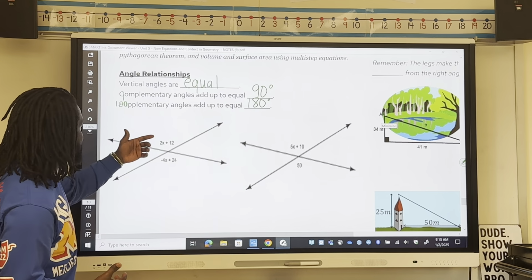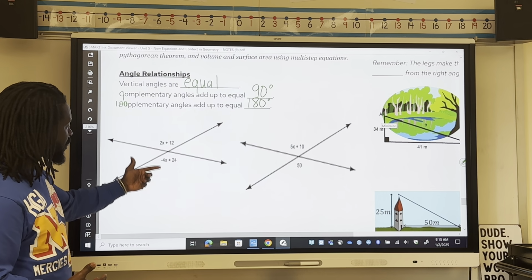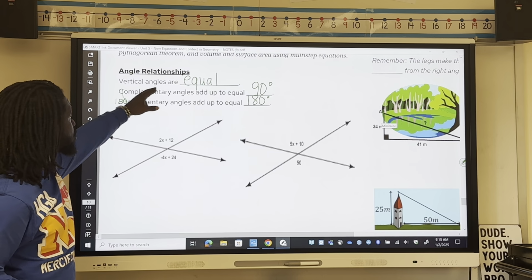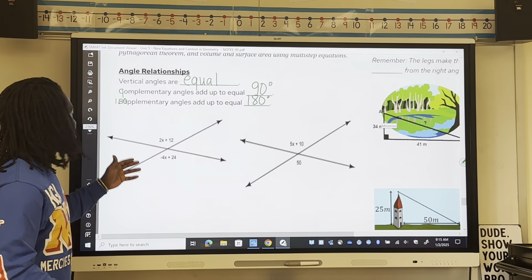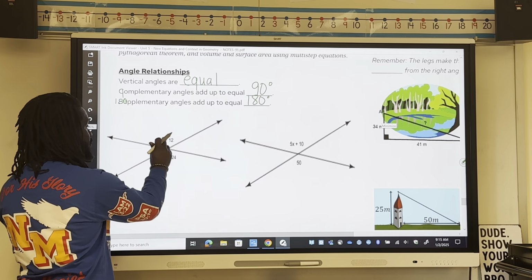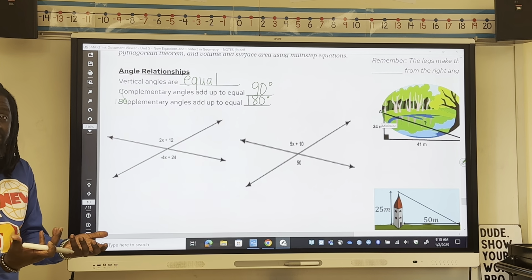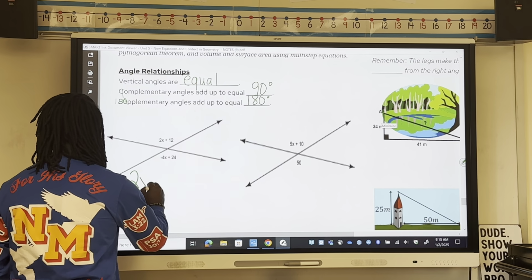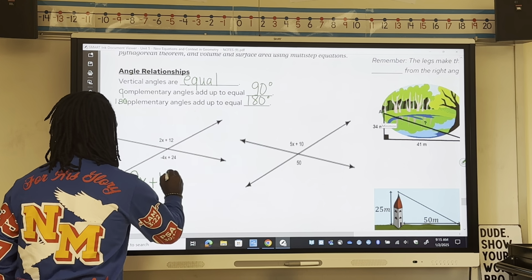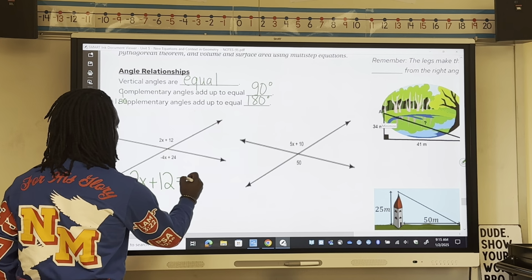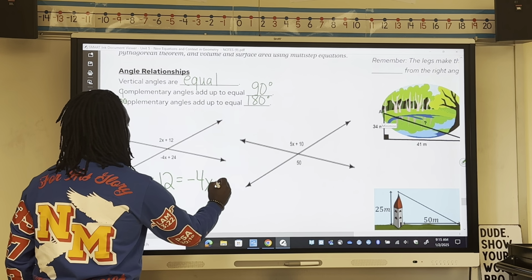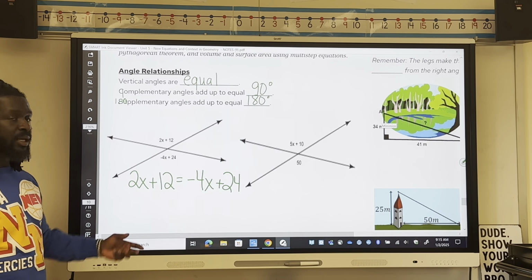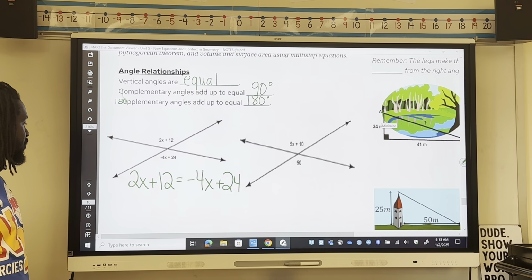The relationship is that they are vertical. They are across from each other, and because they are vertical, remember, they are equal. So I'm going to set these two angles equal to each other, and then solve for the variable. We have 2x plus 12 equals negative 4x plus 24, and we know that they are equal because they are vertical angles.